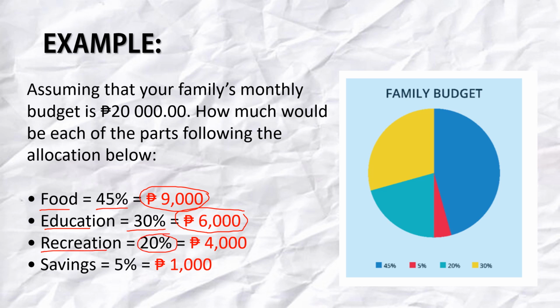The allocated amount for this is 4,000 pesos. While the savings is 5%, the given amount is 1,000 pesos. So for a total of 20,000 pesos. So that is the monthly budget for a family who earns 20,000 pesos a month.